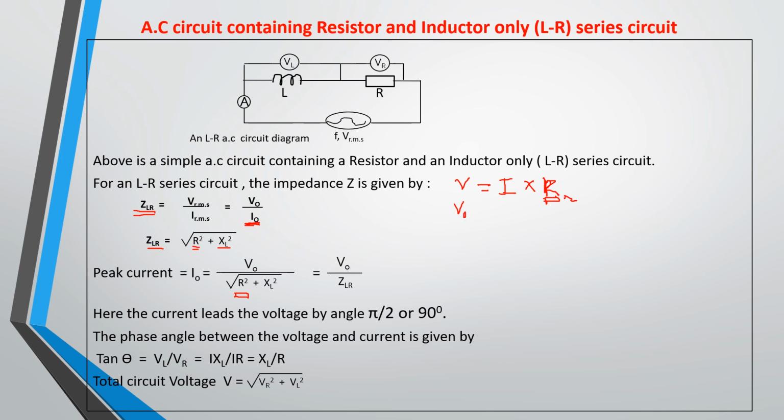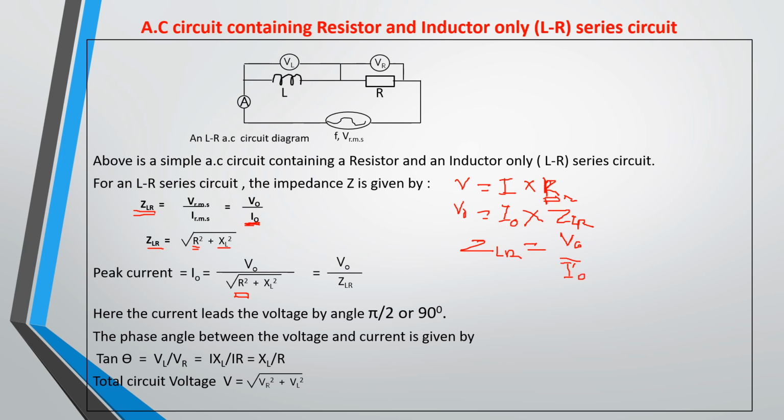So V0 is equal to your peak current, which is I0, multiplied by your impedance, Z_LR. So if you make Z_LR the subject of the formula, you have this to be equal to V0 over I0, that is peak voltage over peak current.